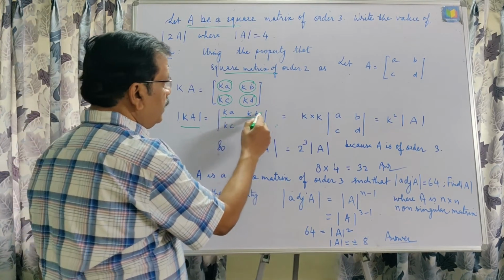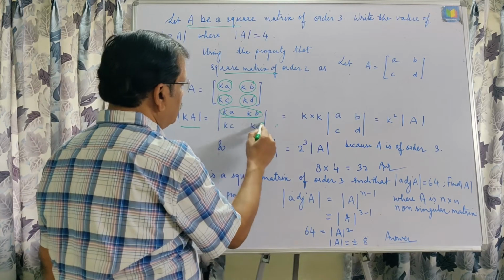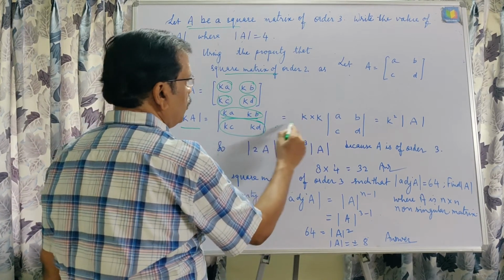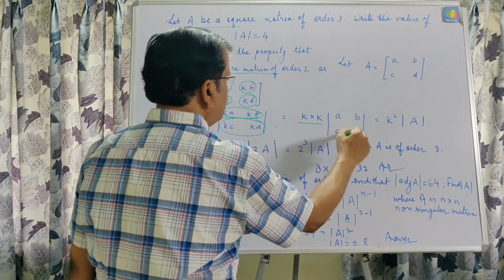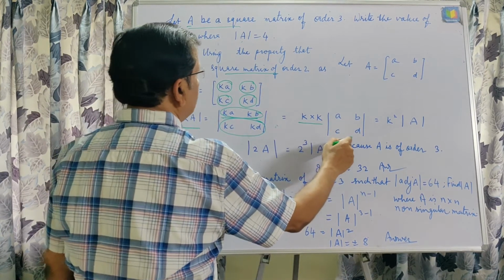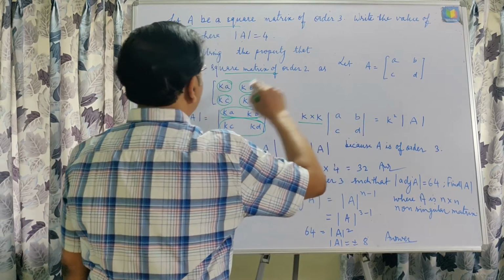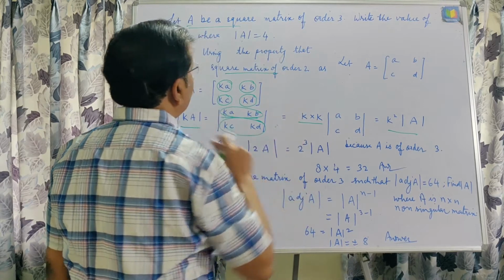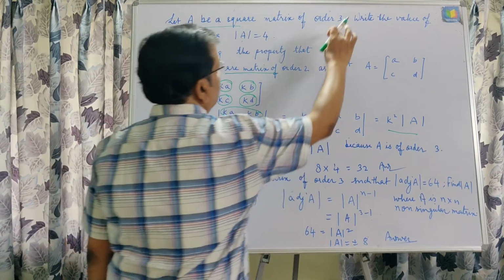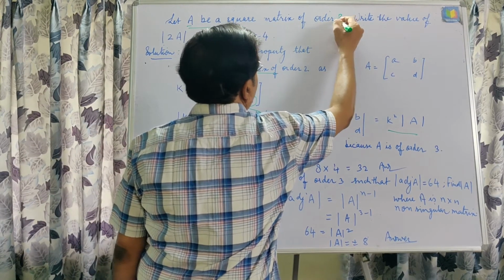This way one K will be taken common from here, one K from here. This is K squared times determinant of [a, b; c, d], and this is determinant of A written like this, and here it should be order 2.